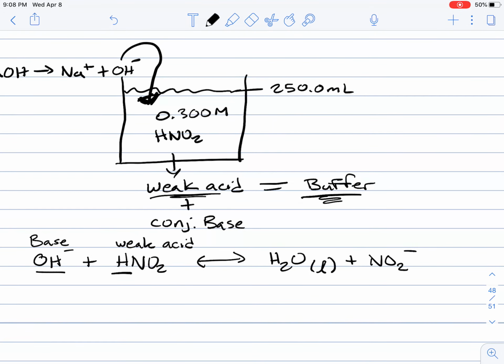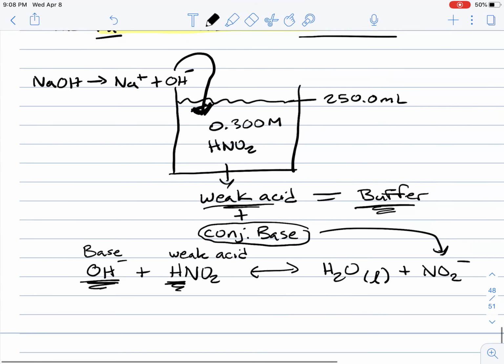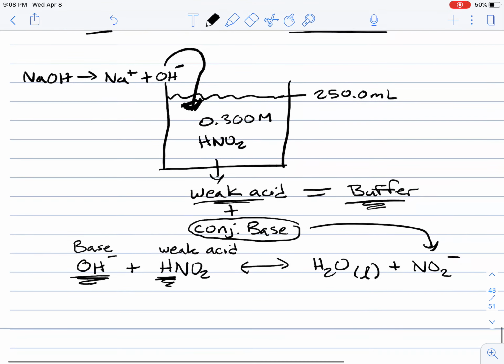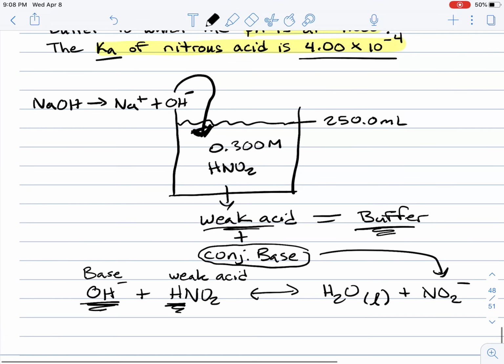The conjugate base that we're searching for is actually produced from the reaction. So this conjugate base is only present when the hydroxide reacts with a weak acid. Hopefully you understand how I arrived at this chemical equation.